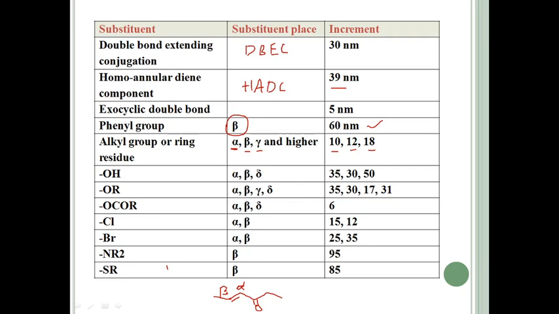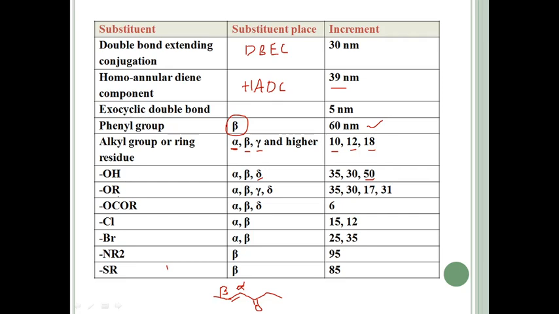When OH is located at gamma, there is no gamma here, which means there is no value for gamma substitution. If gamma is substituted by OH, you have to give 0 increment. Next one is delta. For delta position you have to give 50 nanometer increment. OH at alpha 35, OH at beta 30, OH at delta 50. This is for hydroxy substitution.